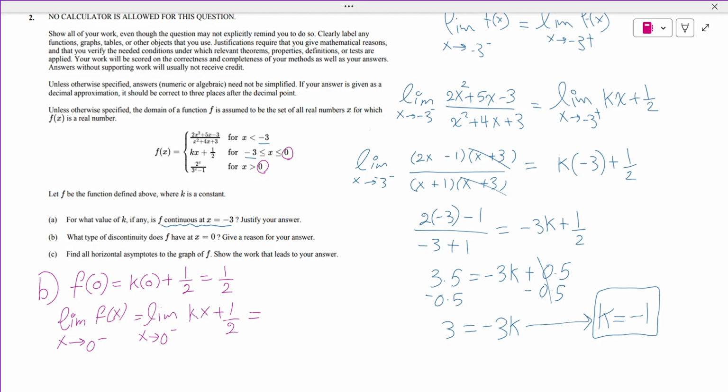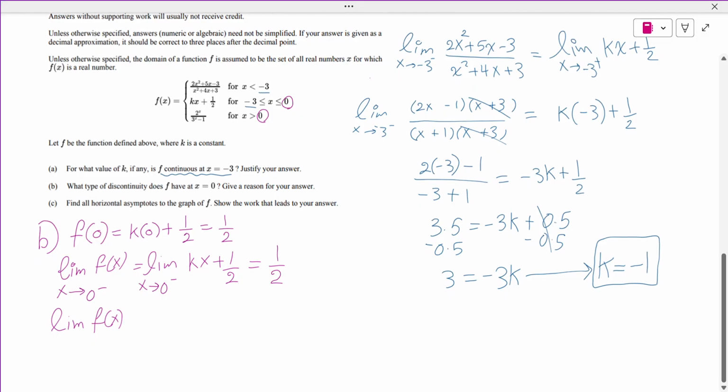Plug in the 0, you will get 1 over 2. Now what about the limit of f of x as x approaches 0 from the right? You will use the last piece, so it's the limit as x approaches 0 from the right of 2 raised to x over 3 raised to x minus 1.